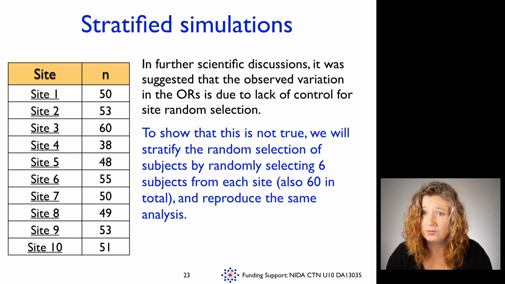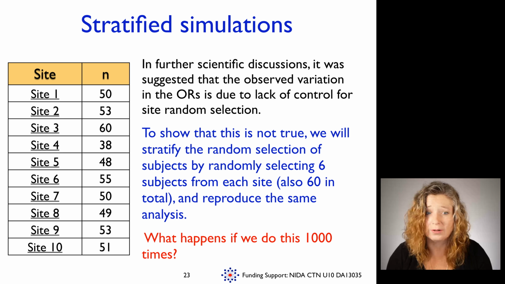So in this case, we know that every time we select a stratified sample of 60 subjects, all 10 sites will be represented. So we will get really a mini-me of the whole study. And the hope was that by stratification, we would produce a much more reliable estimate of the odds ratio, that the variance, the spread of all those odds ratios, will be much smaller, and we could trust it.